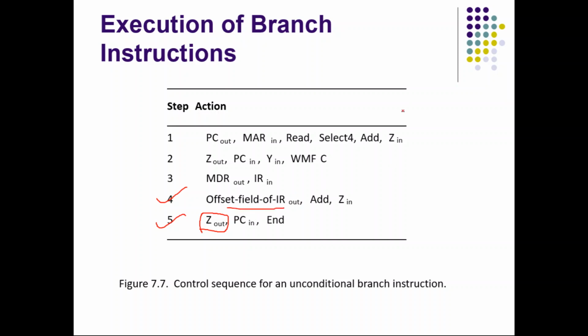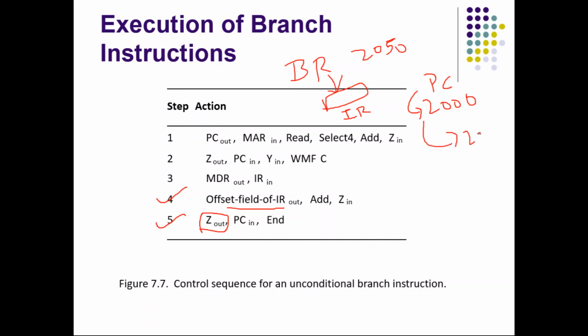If you recollect, originally PC will be 2000 before starting execution. Assuming all this corresponds to the instruction branch 2050, which we discussed in the last class, after loading this instruction in the IR, what will happen to the program counter? It will become 2004.